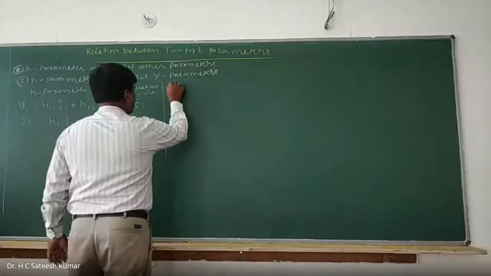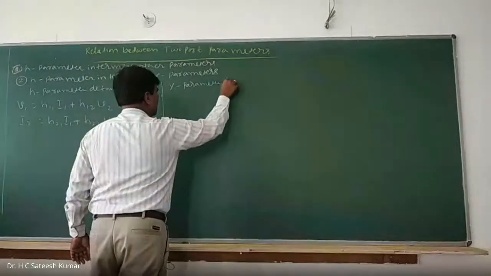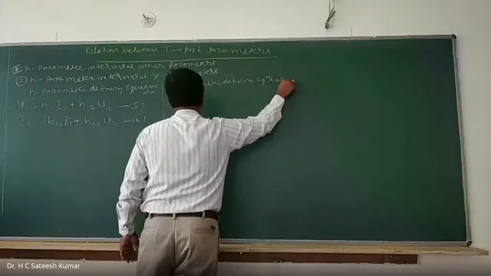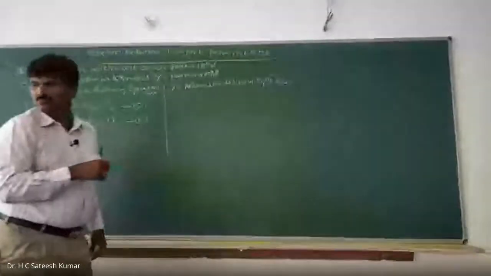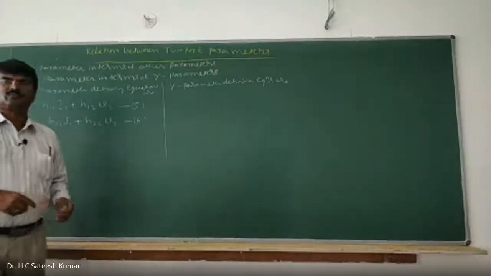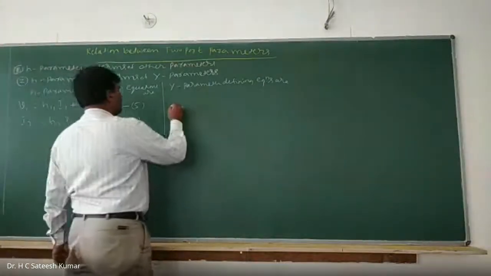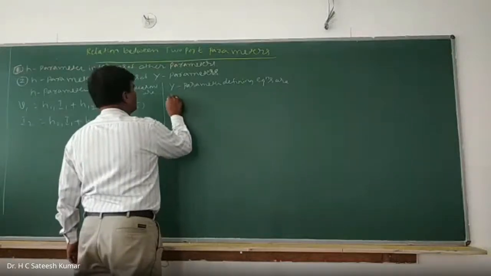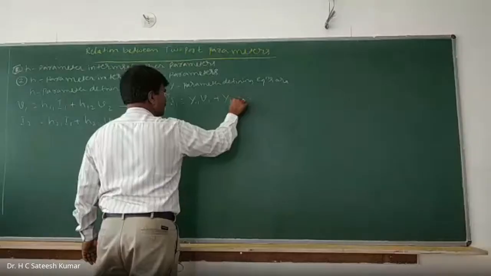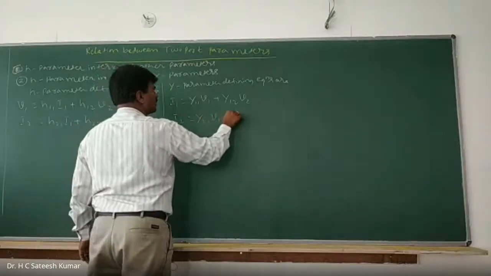Now, Y parameter defining equations. The Y parameter defining equations are: I1 is equal to y11 into V1 plus y12 into V2, and I2 is equal to y21 into V1 plus y22 into V2.